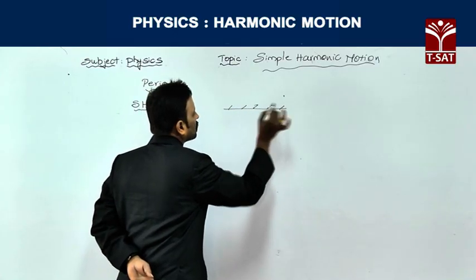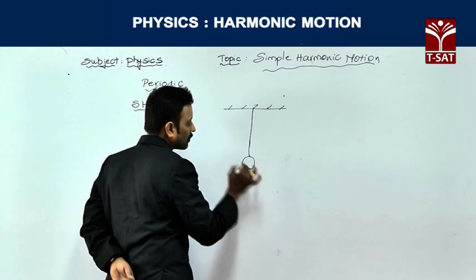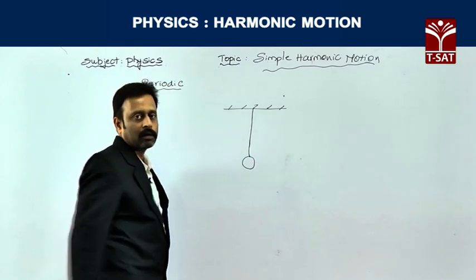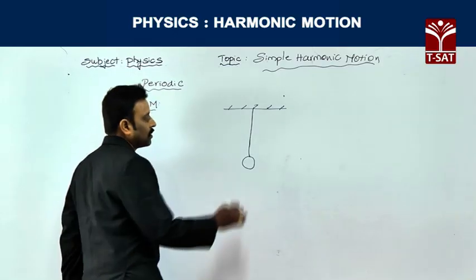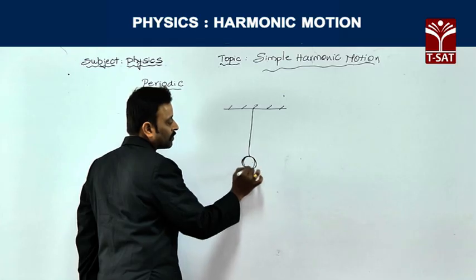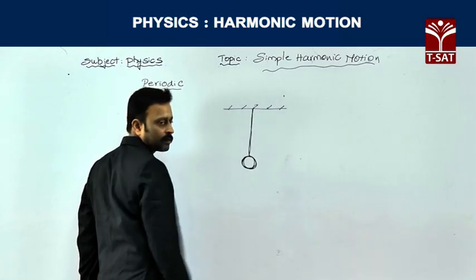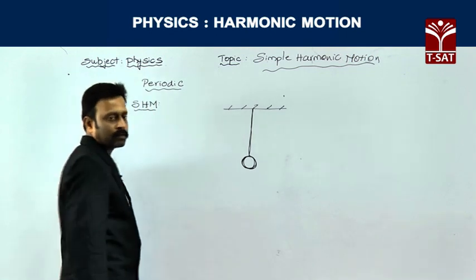Simple pendulum means a heavier metallic bob, a small bob made up of a metal, which is suspended by means of a massless inextensible string.